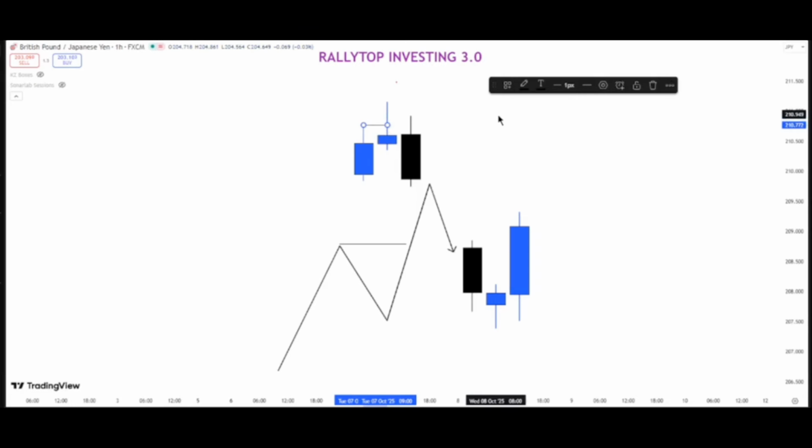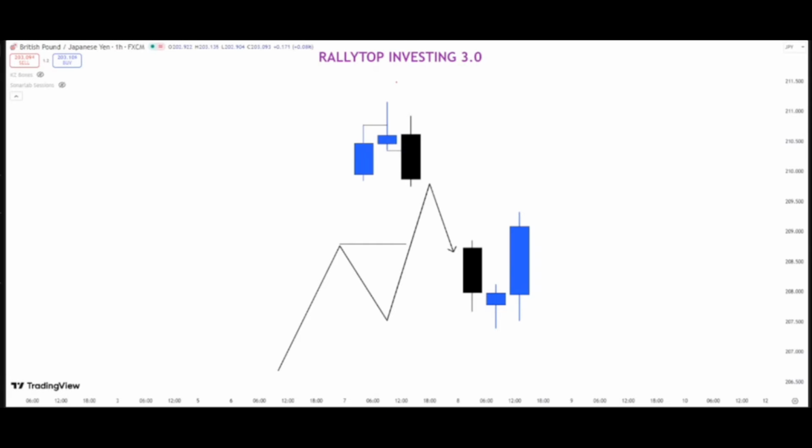Very, very important for you to understand that. The second rule is that the number 3 candle has to close below the low of the middle candle that swept the liquidity, just like so.